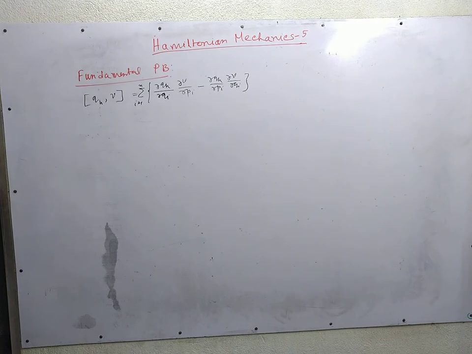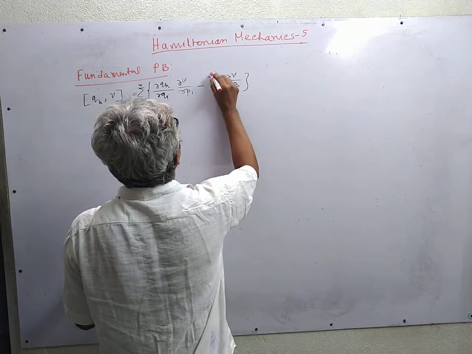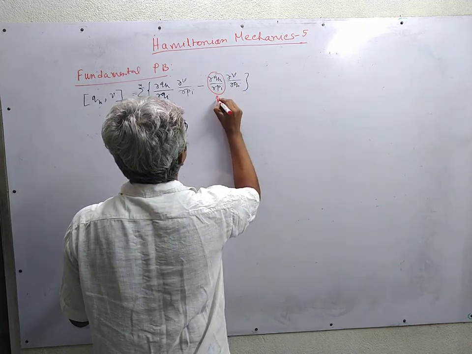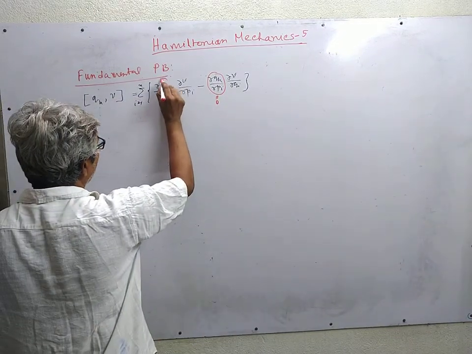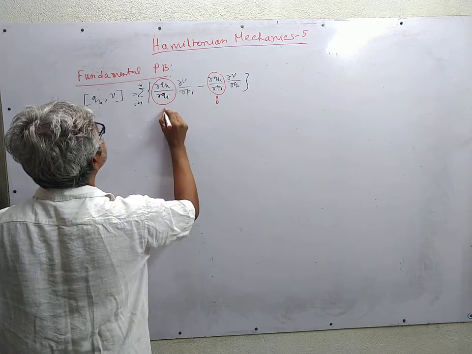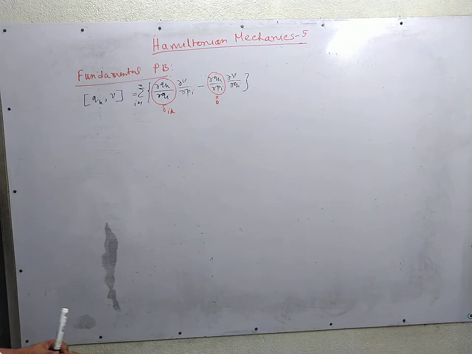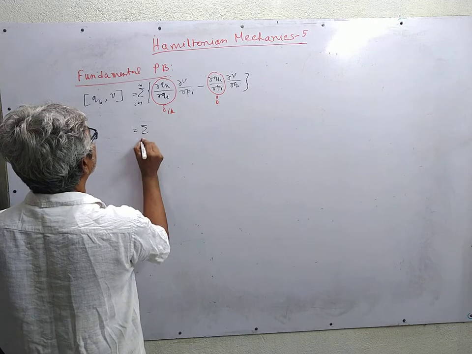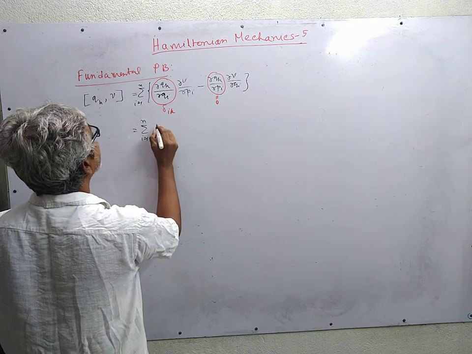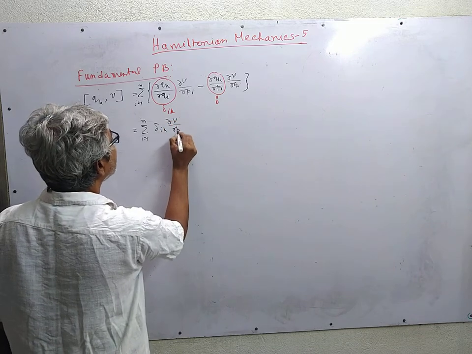In Hamiltonian mechanics, p and q are treated as independent variables, so this part is 0, because q does not depend on momentum. And this is ∂qk/∂qi, so this is delta of ik, so that this relation becomes the summation over i equal to 1 to n of delta ik ∂v/∂pi.